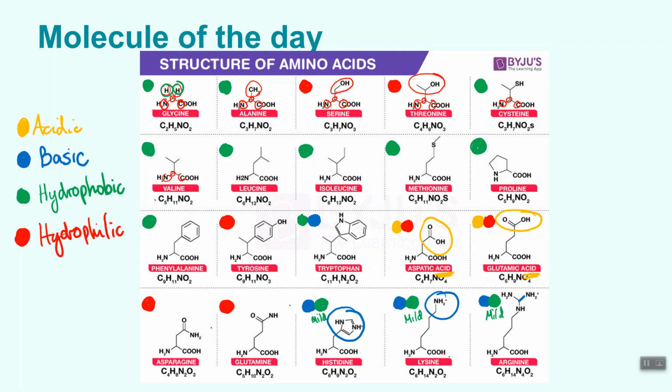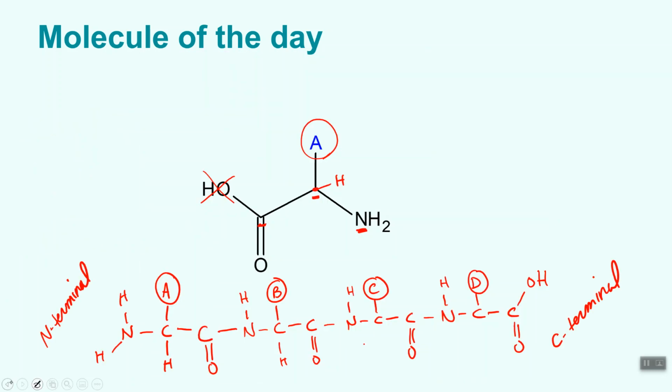Then you have acidic and basic molecules, and as you know, acidic are going to be more negatively charged, and basic is more positively charged. So let's write that down here. So negative charge and this one is going to be positive charge.